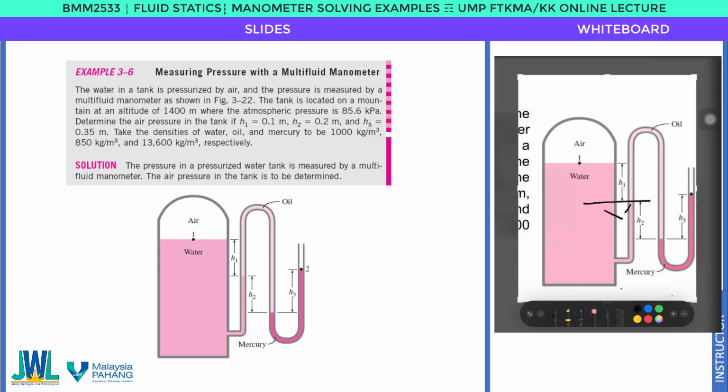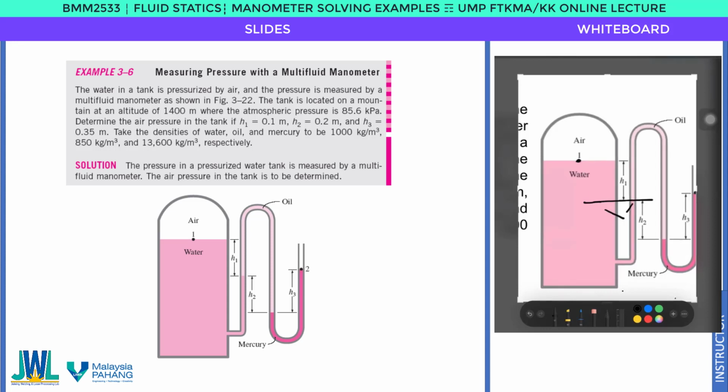So when I'm moving down, I have air pressure, so we have P air. I have to move down, right? So I go down from here to here only for water. No need to go down and come back again because they will cancel each other out.